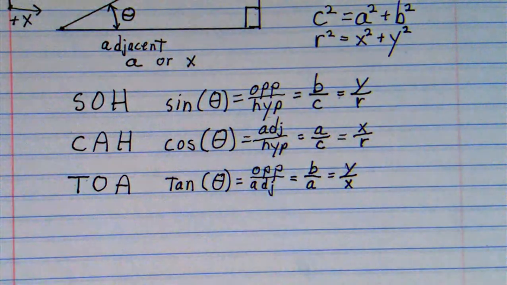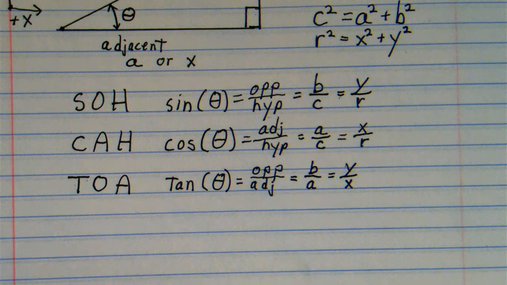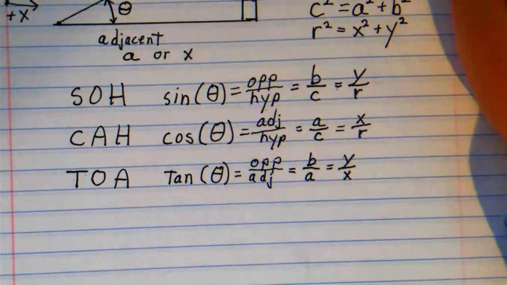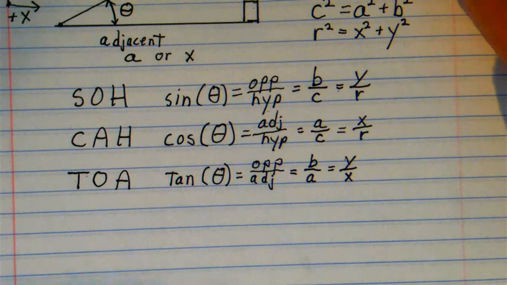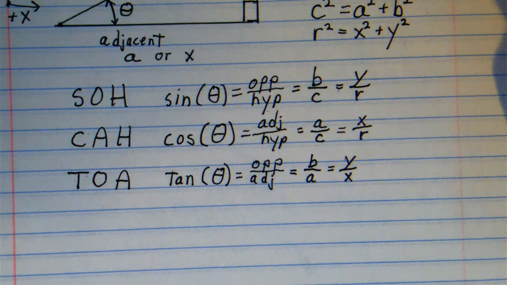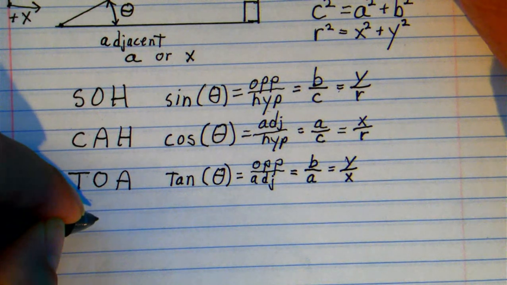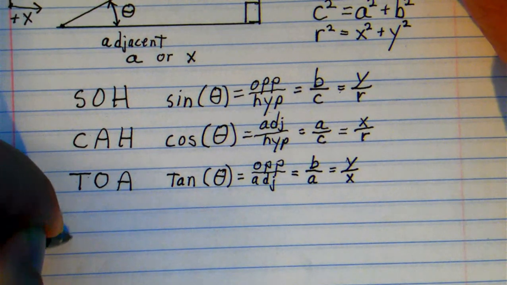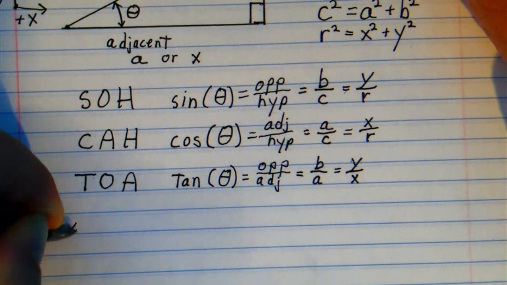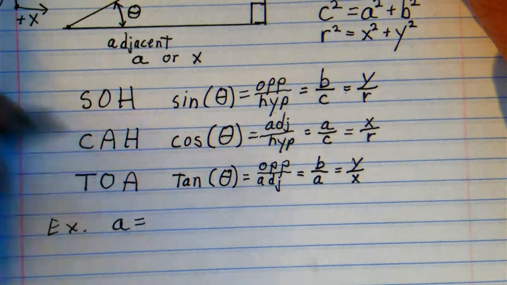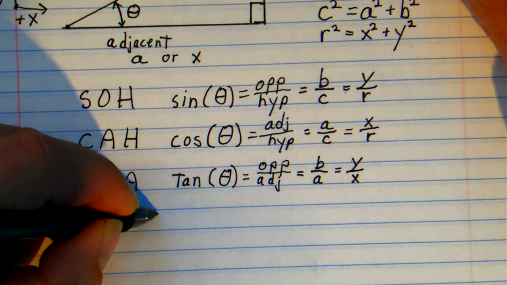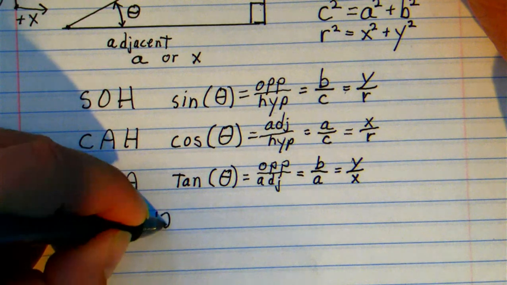I'm checking my notes for yesterday and saying, all right, what shall I do? All right, let's do a calculation. Let's say that I have side A. Okay, so example. Side A is 12 units.